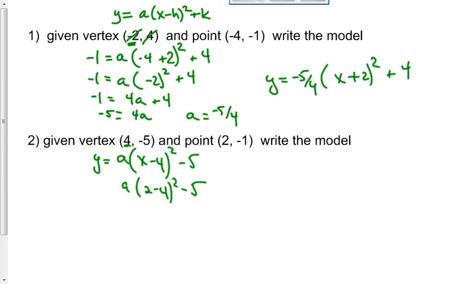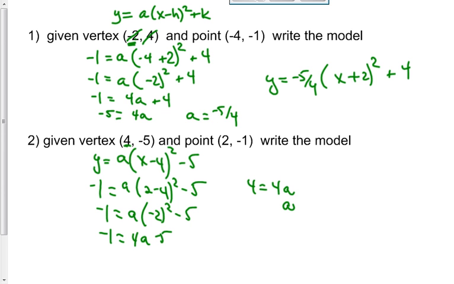Your y value is negative 1. Negative 1 equals a times 2 minus 4, which is negative 2, squared, subtract 5. Negative 1 equals 4a minus 5. Add 5 to both sides. 4 equals 4a. a is 1. And you can write your model.